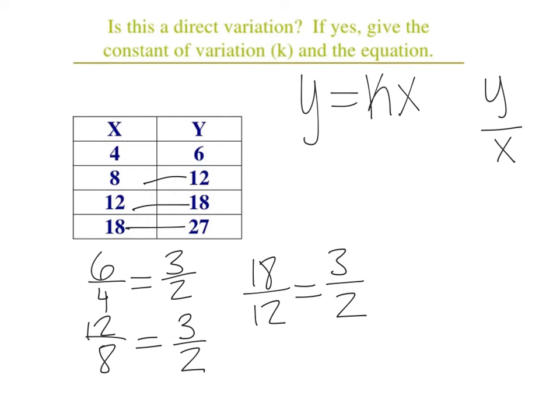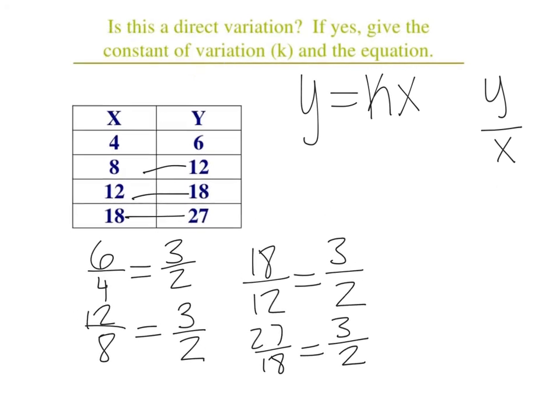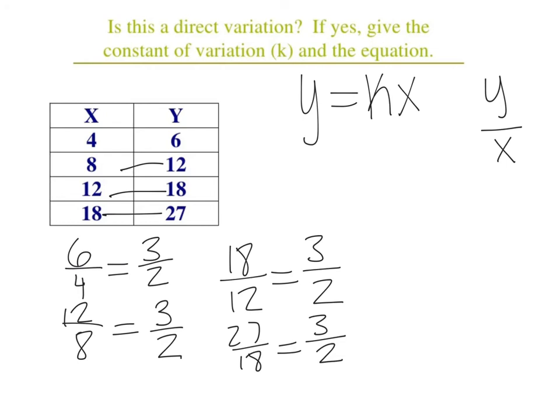And then finally 27 over 18 also reduces to 3 over 2. Okay, so this is a direct variation. And our k is 3 over 2. So when we're writing the equation for this, if we know our k is 3 over 2, all we have to do is take k, plug it in. So the equation is going to be y equals 3 over 2x.